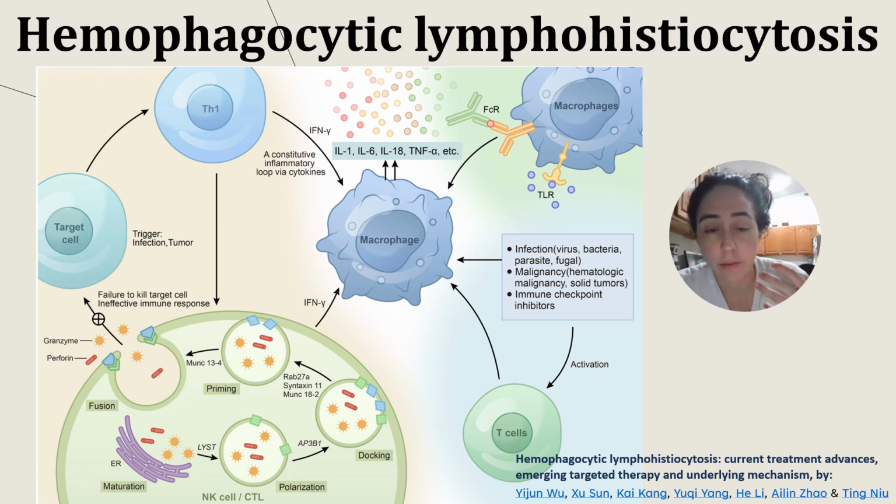And we have a lot of interleukins, interleukin 1, interleukin 6, interleukin 18, TNF alpha being produced and producing this cytokine storm, which is a hyperinflammatory state in our body. And of course, we know the body does not like to be in a hyperinflammatory state. And this is the big problem with this condition, that it's a cytokine storm, everything is inflamed, the immune response is just extremely active, attacking everything because it doesn't have any regulation.